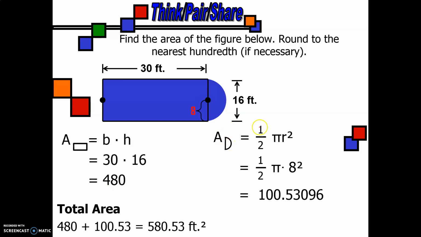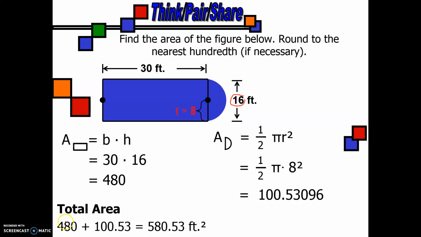For your semicircle, remember it's not 16, but our radius is 8. So 1/2 pi times 8 squared will be 1/2 times 64 pi, which is about 32 pi. And our answer is 100.53096. So again, try not to round too early, as we've talked about before.